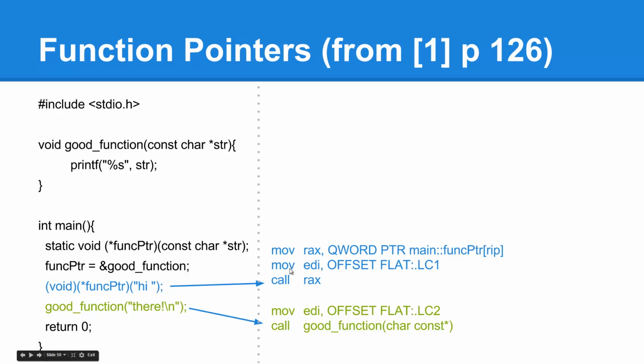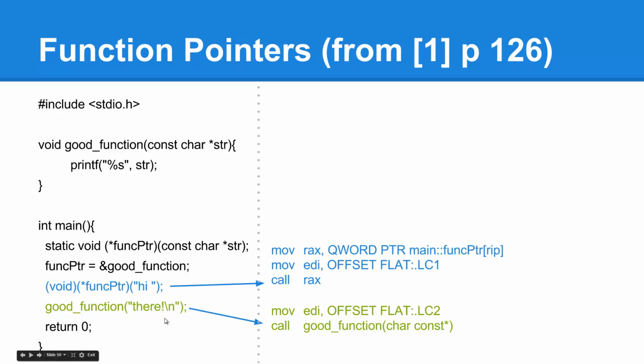and this corresponds to the following assembly written here in blue. It loads the address of func pointer into the RAX register and then moves a pointer to the first parameter in EDI, and then it calls the function by using RAX.